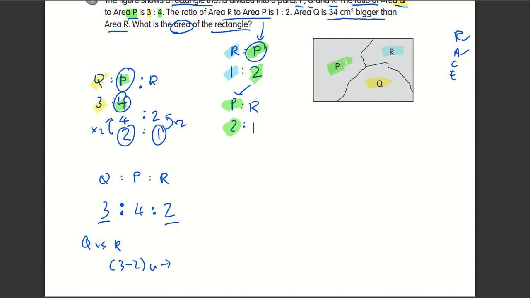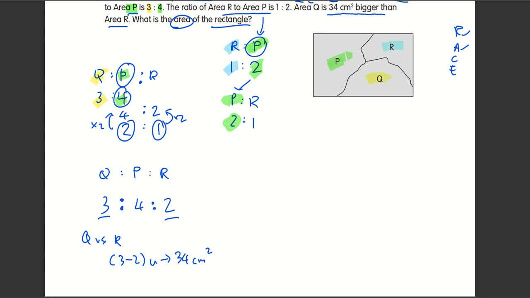They will give you 34 square centimeters. So that's 1 unit. That's quite helpful. Then altogether you are looking at this ratio.